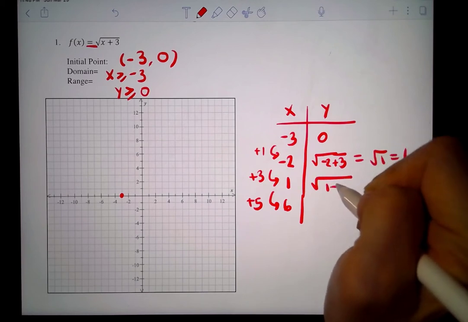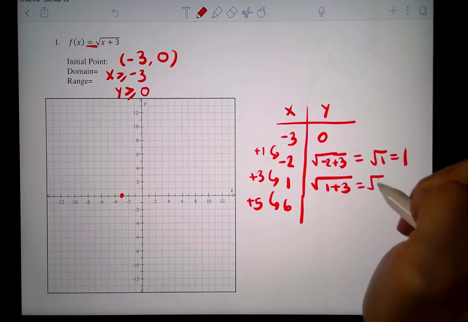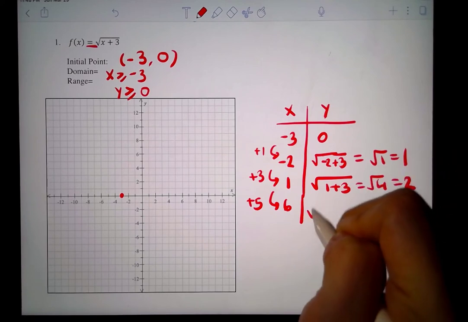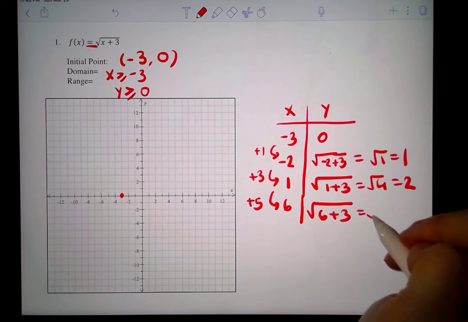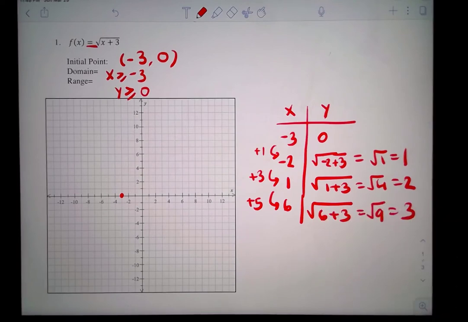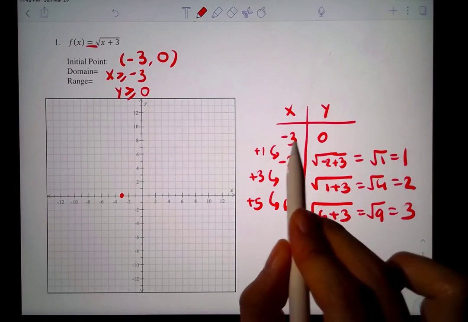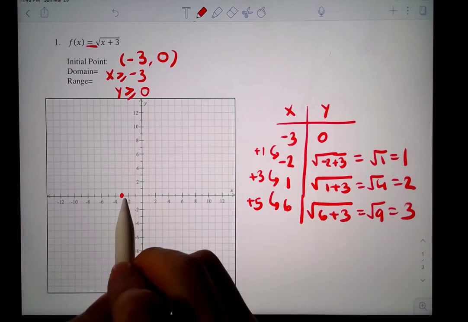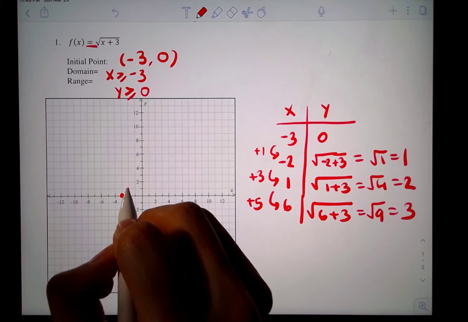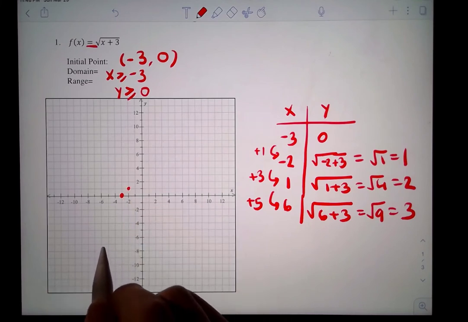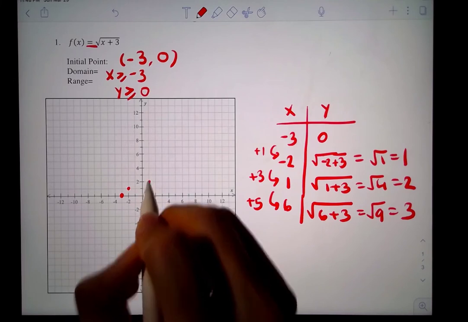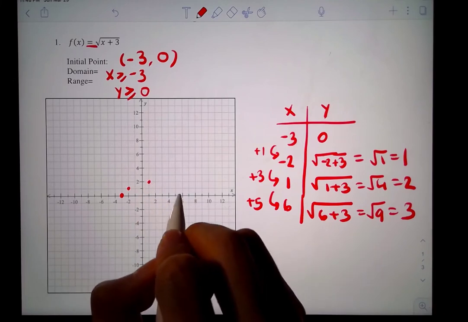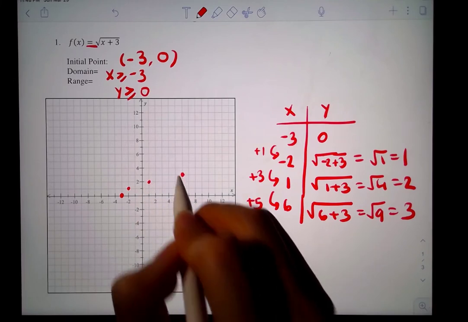When you put 1 plus 3, you get square root of 4, which is 2. And when you put 6 plus 3, that's square root of 9, you get 3. So my points: negative 3, 0; negative 2, 1; 1, 2; and 6, 3, like this.